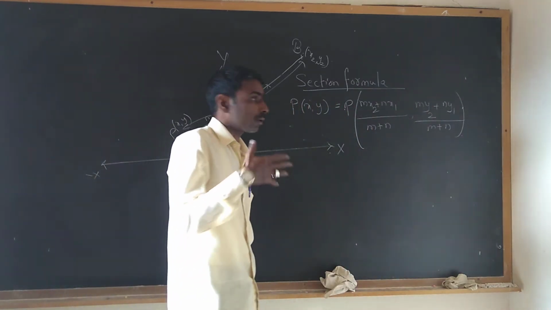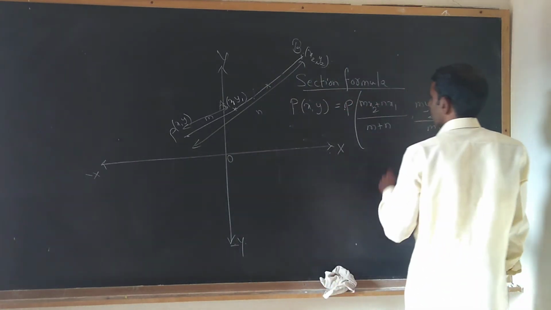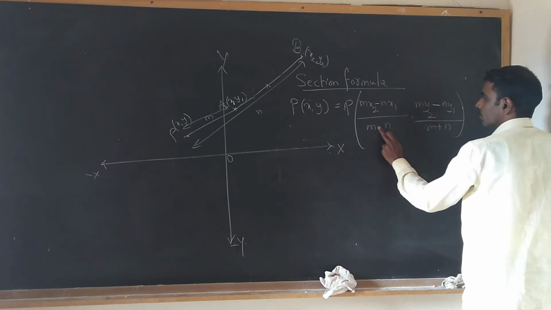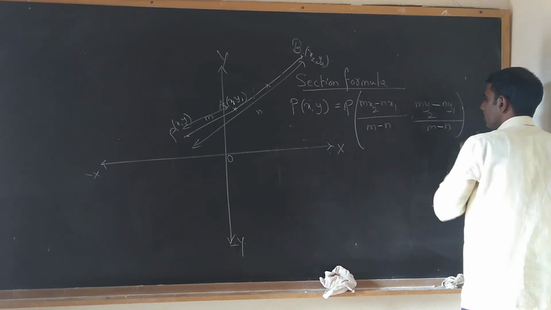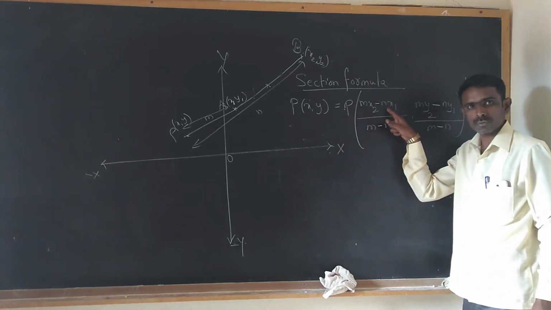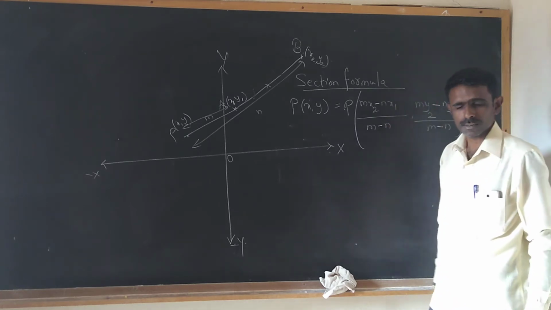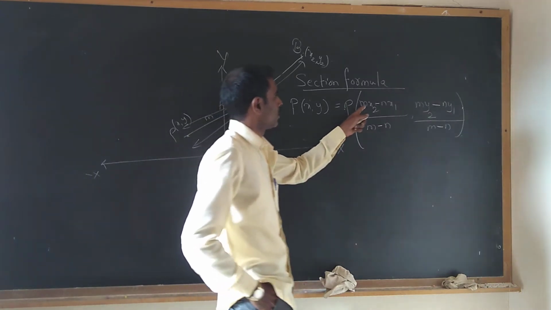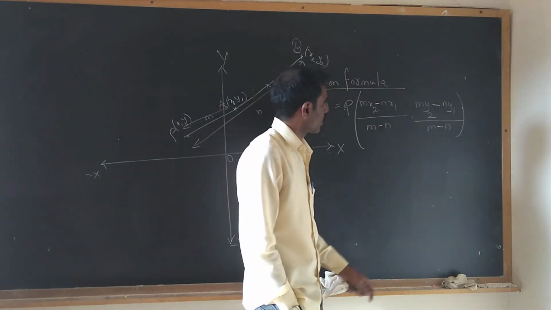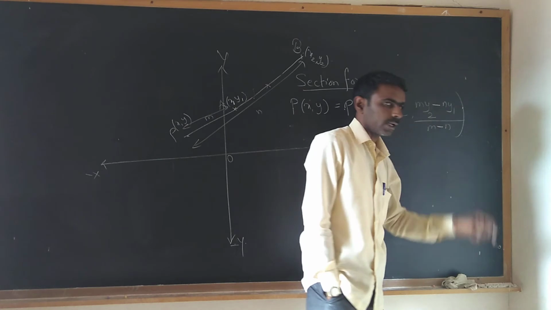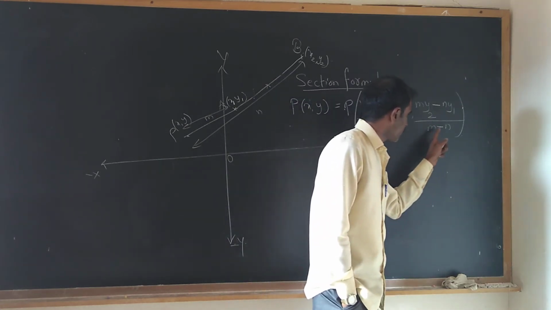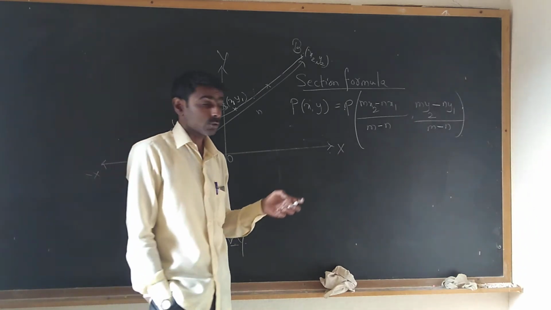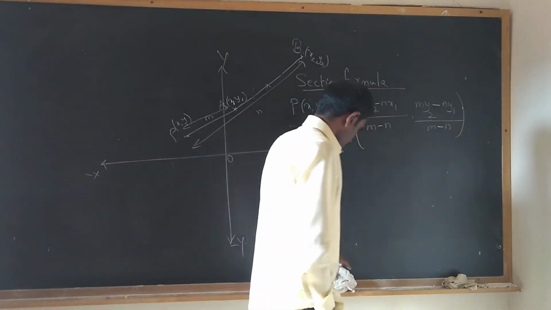External division, and the coordinates of the external division will be P of (mx2 minus nx1) divided by (m minus n), and (my2 minus ny1) divided by (m minus n). This will be the coordinates of that point P.